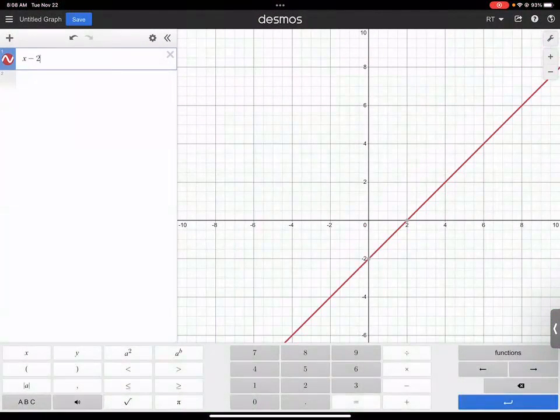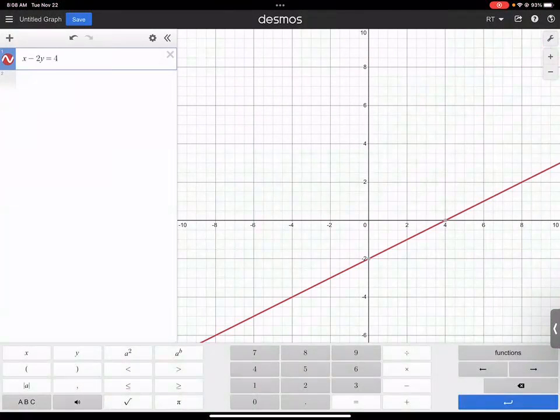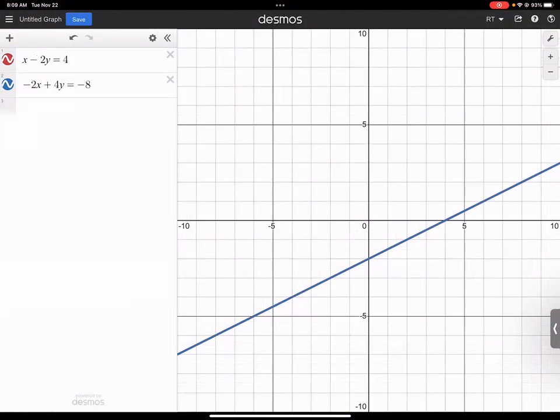x minus 2y equals 4. Yeah. What was it? -2x plus 4y equals -8. There's one. There's the other one. So what's happening?